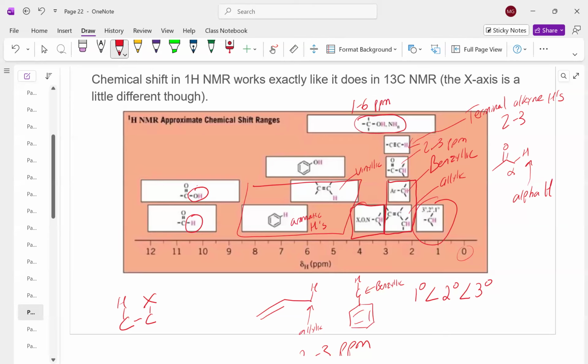All right, so there's a little bit of memorizing here, and there's a little bit of generalizing. But if you have the foundation, then you remember the rule. It's not a rule, but kind of the terminology: the more stuff there is around a hydrogen, the farther downfield it's going to go. So let's look at some examples.